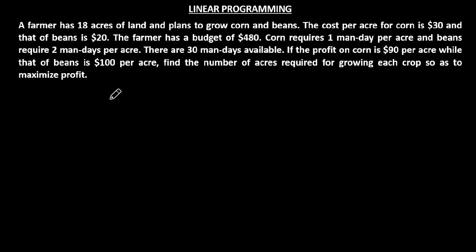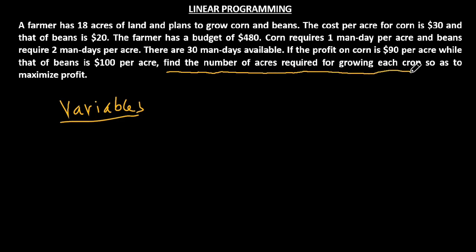How are we going to answer this question? First of all, we need to know something about the variables. That is one of our requirements before we answer this question. So for us to get the variables, we read through the question and find that we are being asked to find the number of acres required for growing each crop.